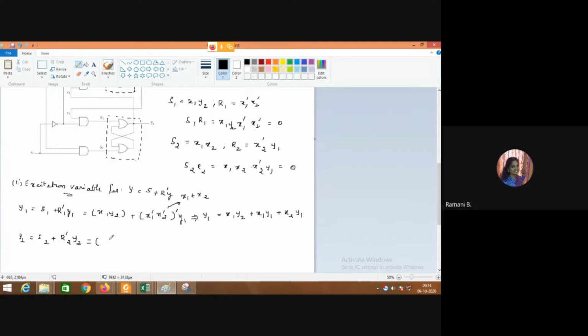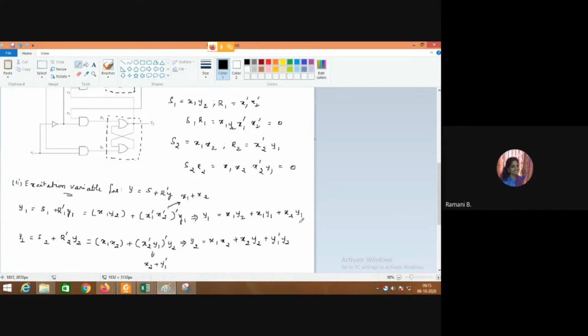Now for Y2 we have x1x2 + R̄2 is the whole bar of x̄2y1, into y2. De Morgan's theorem gives x2 + ȳ1. So Y2 is equal to x1x2 + x2y2 + ȳ1y2.